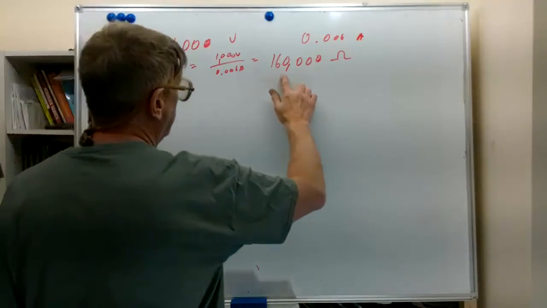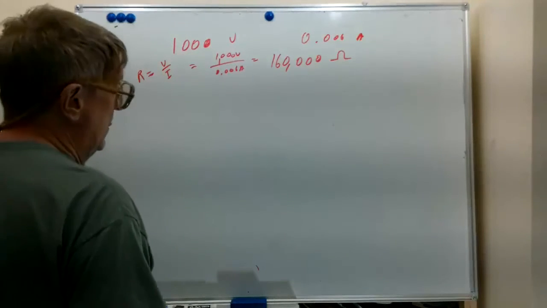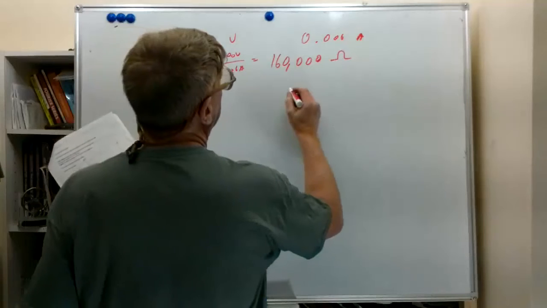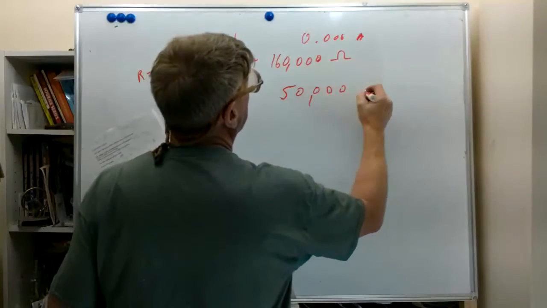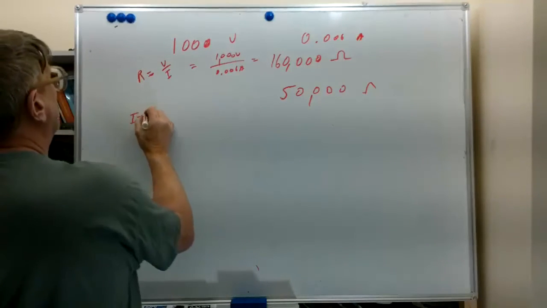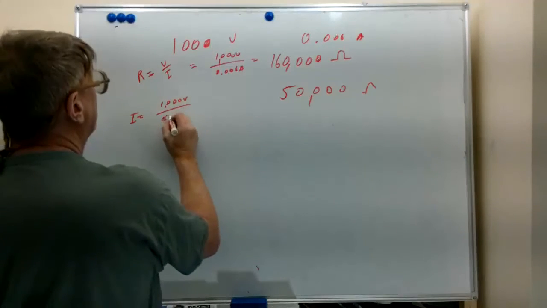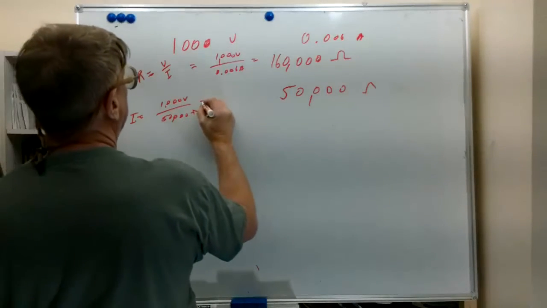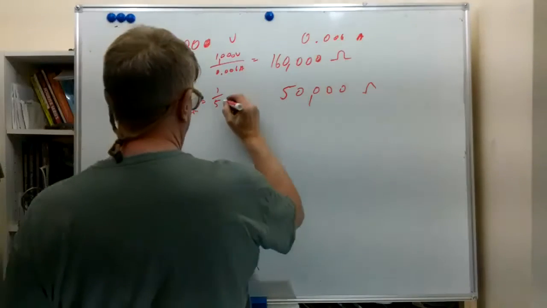And typically your body resistance is less than that, and it isn't uncommon to see voltages higher than that. But say you're dry and you've got a 50,000 ohm body resistance at 1,000 volts, and we want to find the current. 1,000 volts divided by 50,000 ohms is basically 1 over 50, cancel off the thousands on both sides.